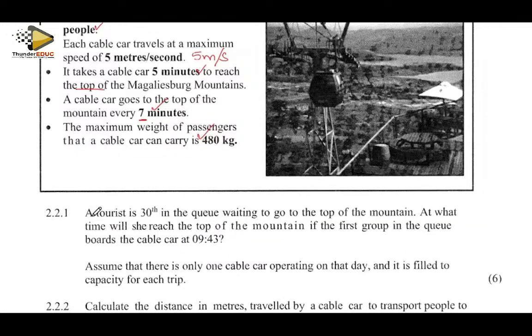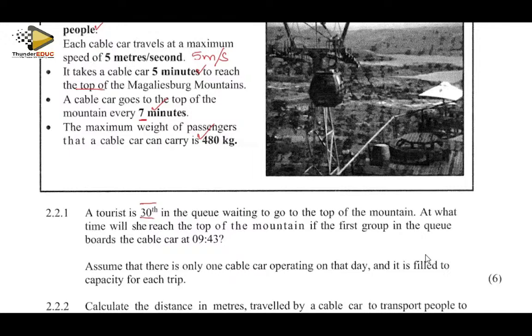The tourist is 30th in the queue waiting to go to the top of the mountain. At what time will she reach the top of the mountain if the first group in the queue boards at 20 minutes to 10? So first and foremost, because she is 30th, that means these are 30 people.